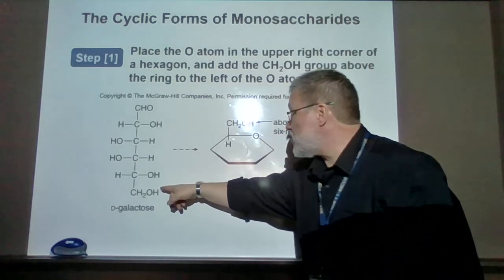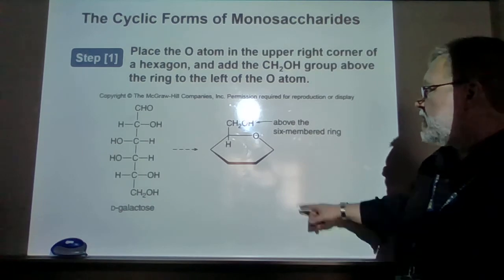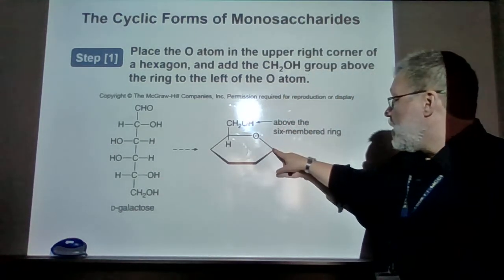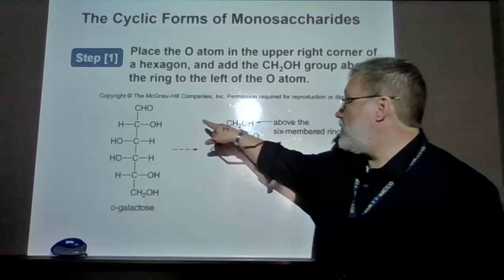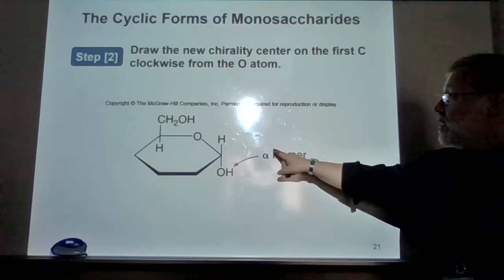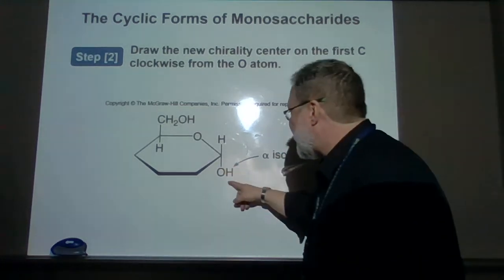So this CH2OH is still above the 6-membered plane. Here is the oxygen group at C5. Here is the carbon of the carbonyl right there. Since we're drawing the alpha isomer, the OH group needs to be down.